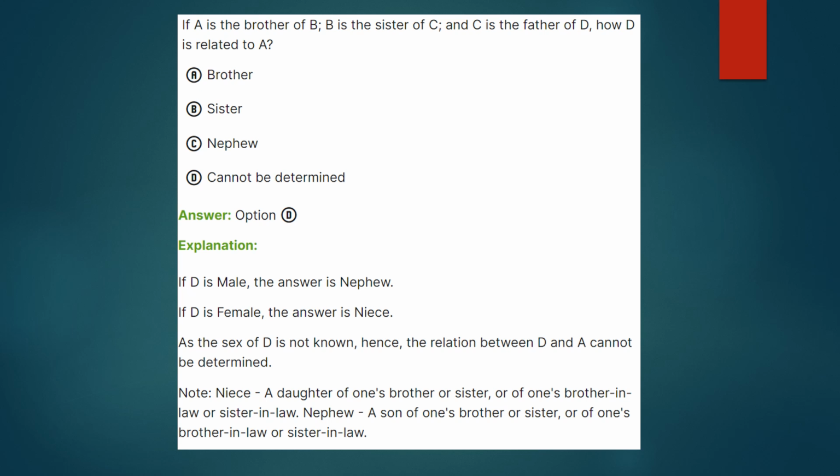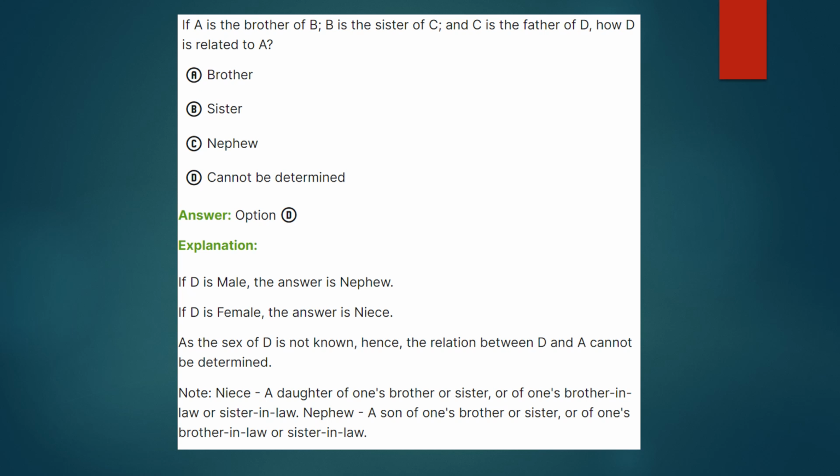But for a few options we can already see here C is the father of D. It means C is male. Now B is a sister of C. It means B is female. So there you can indicate the exact male or female.